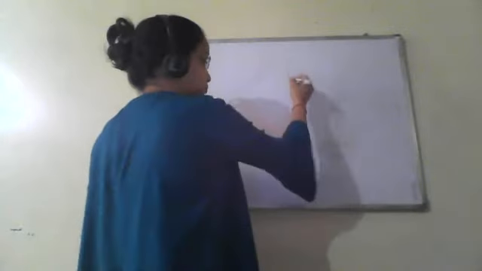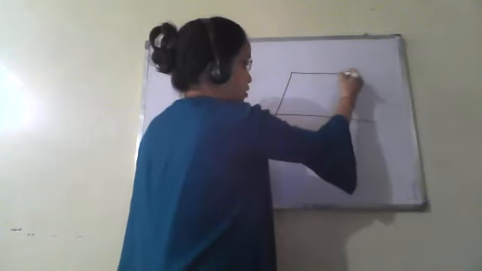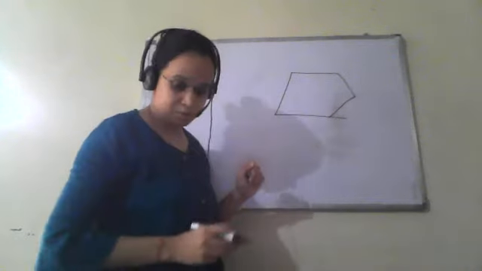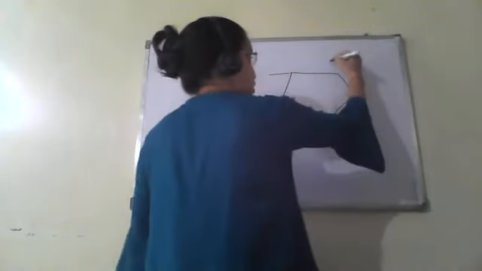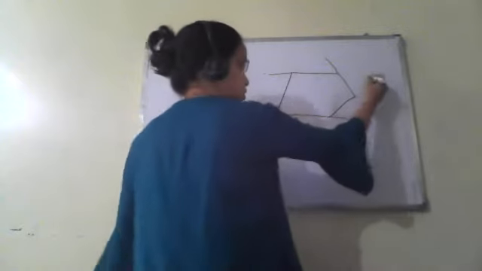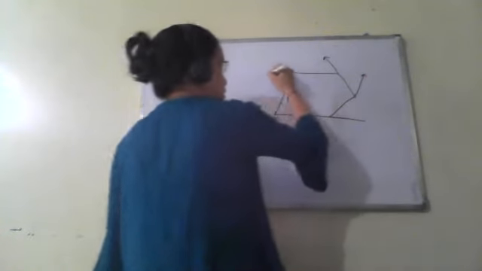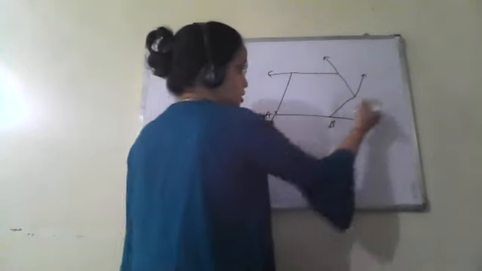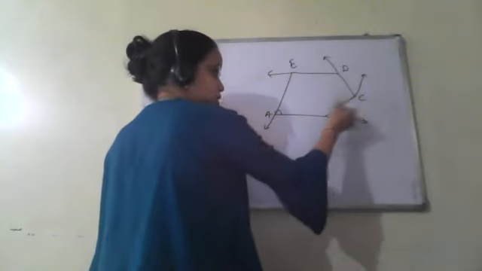Suppose this is a polygon. So this is A, this is B, C, D, E. These are the interior angles, as you know.